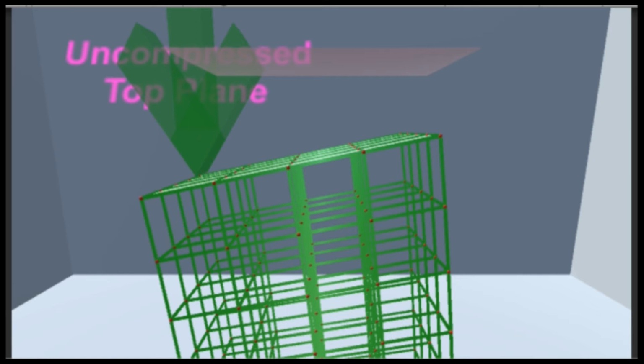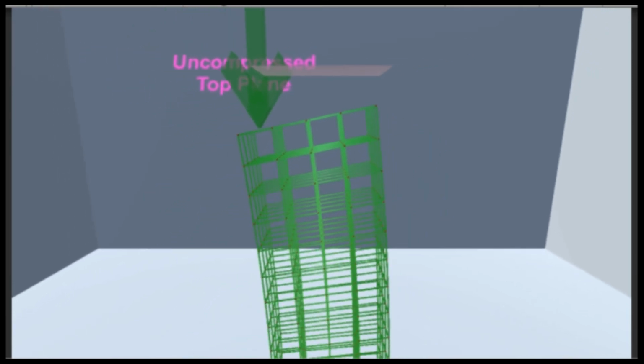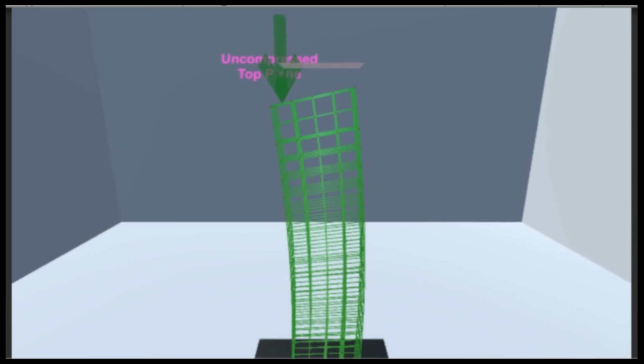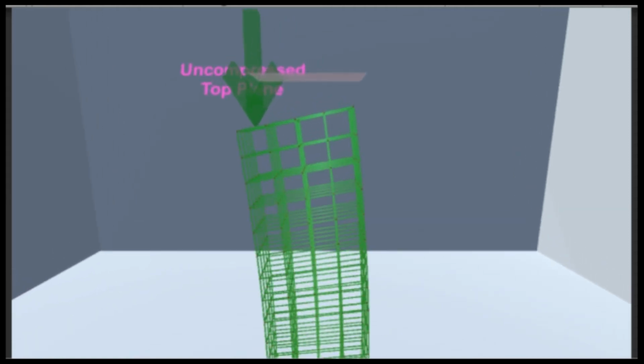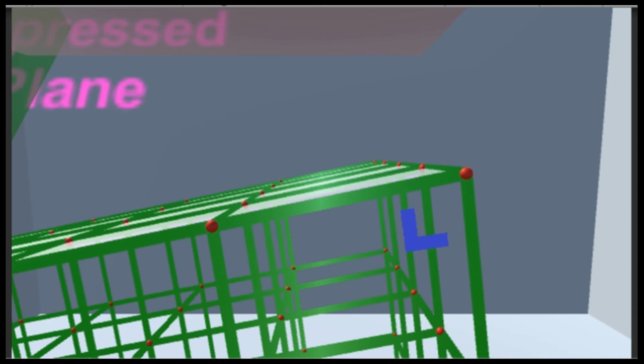The top end surface is no longer horizontal. It actually drops and rotates. The angle between the top end surface and the side surfaces remains at 90 degrees.